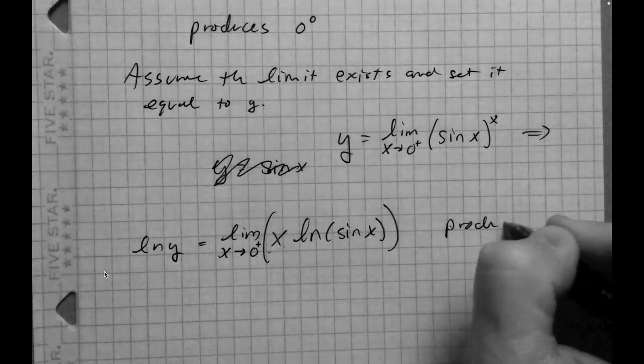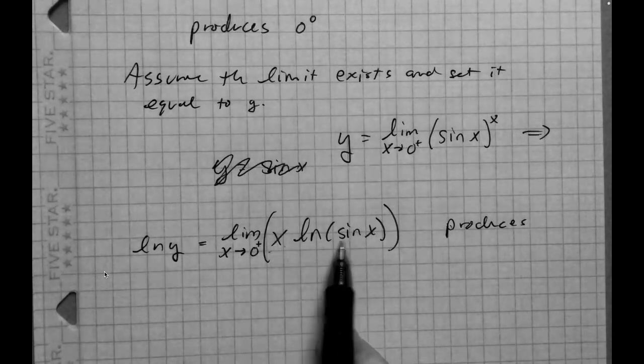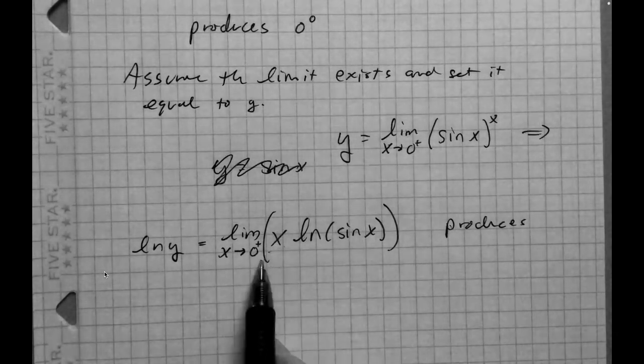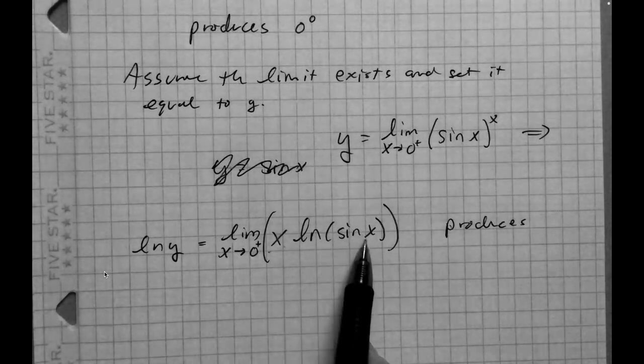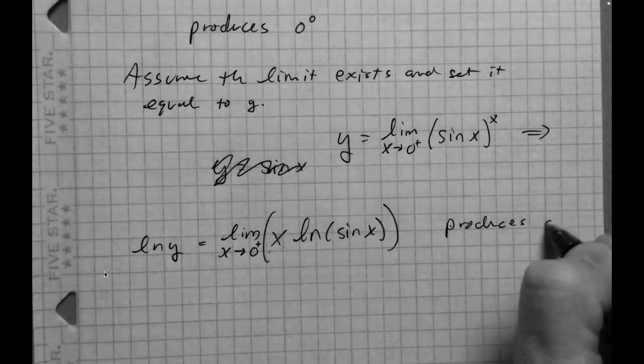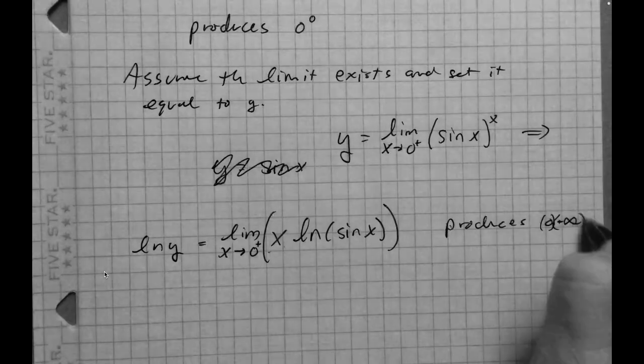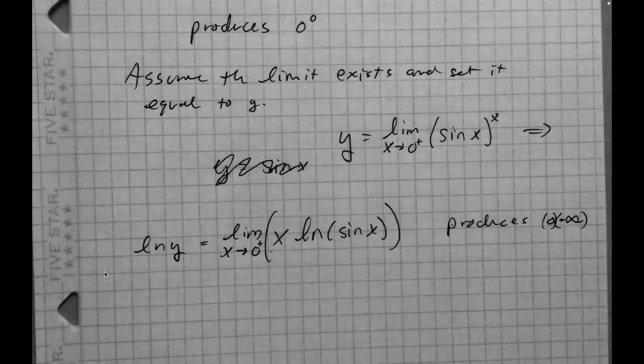This would be 0 times the natural log of sine x, which is 0 times negative infinity. Which isn't right yet, so we need to still maneuver it a bit.